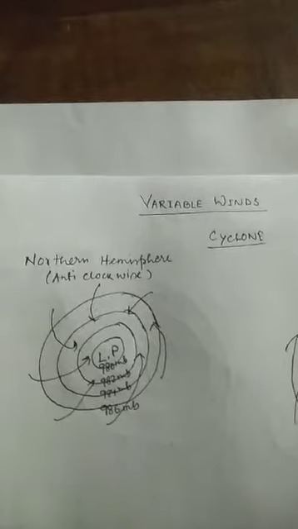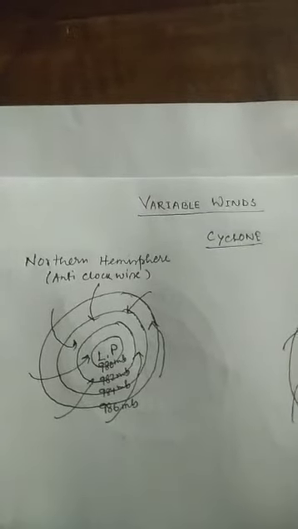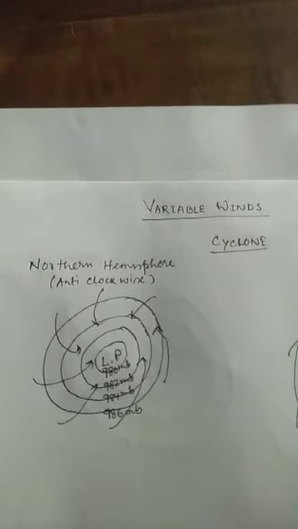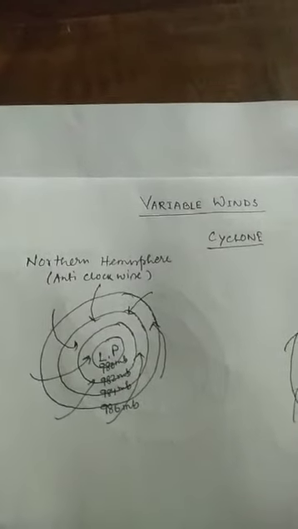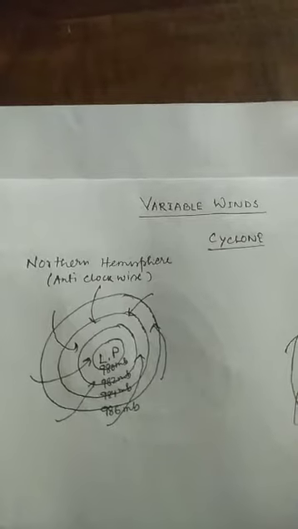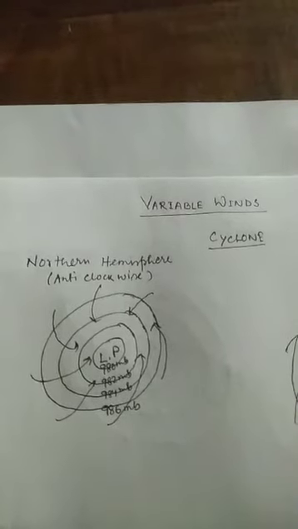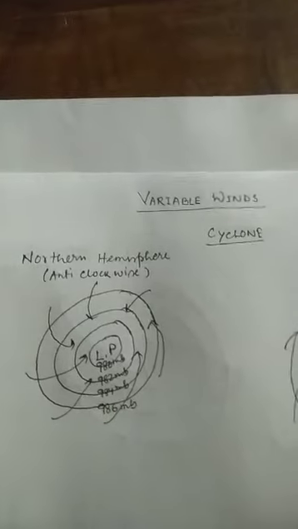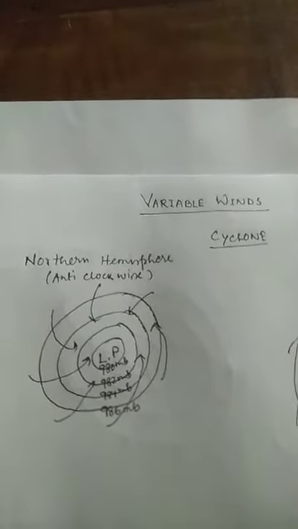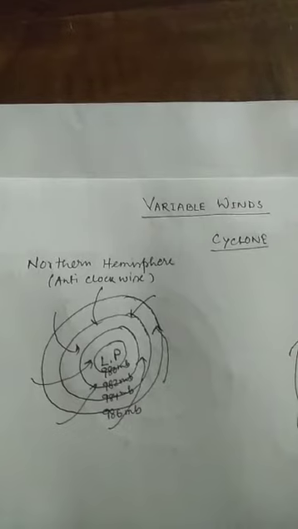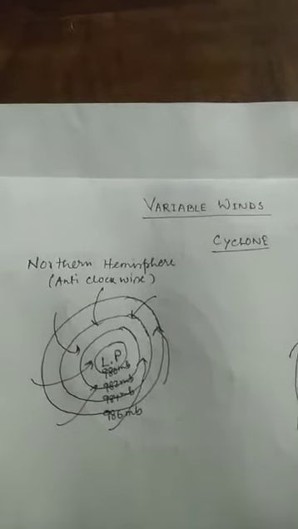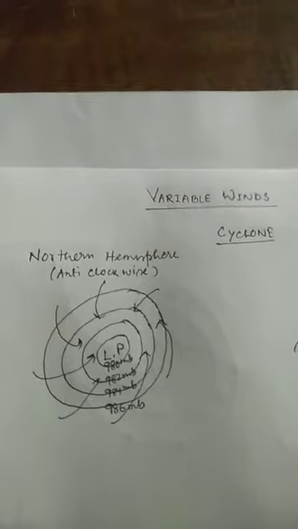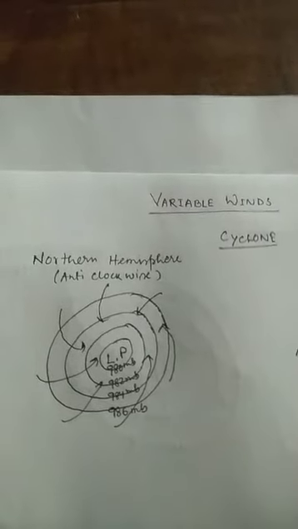Consider one place on earth. If there is a low pressure zone, that means when the temperature of a particular area increases, a low pressure zone is created. And when a low pressure zone is created, outwards of the low pressure zone there is a high pressure zone. The normal trend of the wind is that it always blows from high pressure to low pressure.